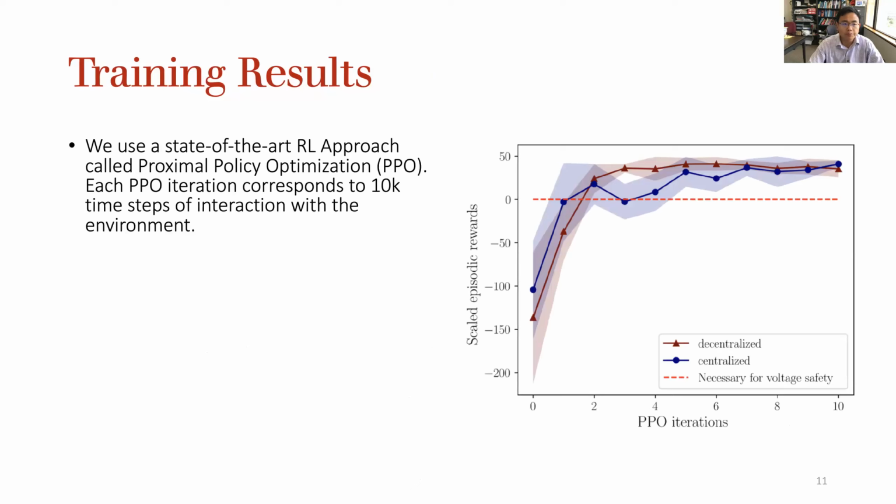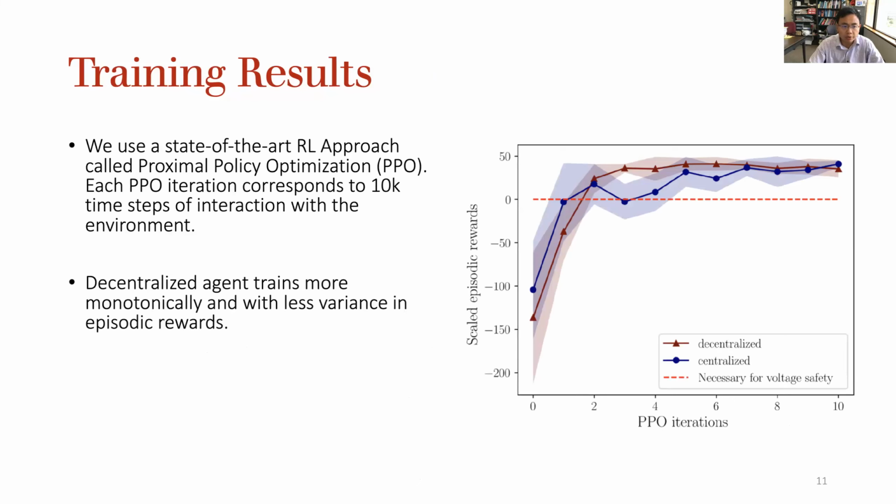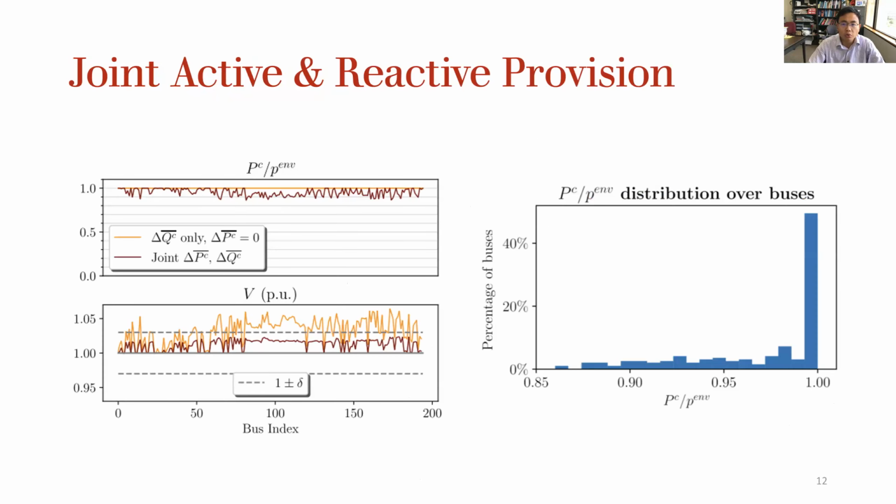We use proximal policy optimization. Each iteration corresponds to about 10,000 timestamps, and the decentralized agent trains more monotonically and with less variance in the episodic rewards. We can show that as a result of this objective function, we are jointly optimizing the provision of both real and reactive power from the photovoltaics.